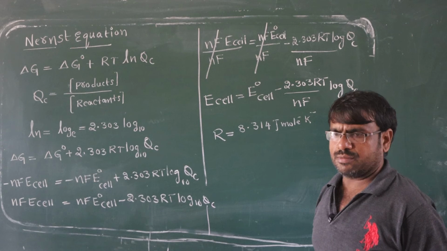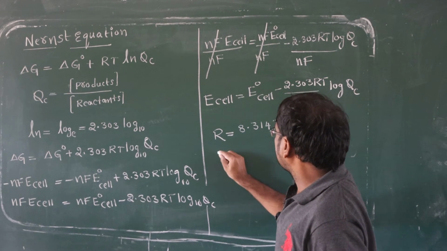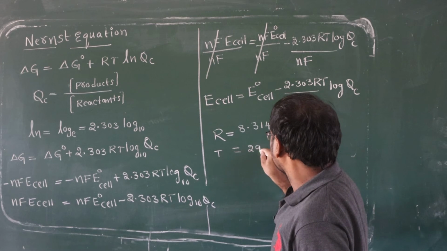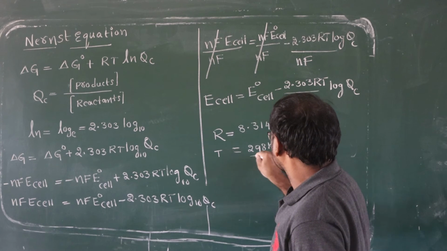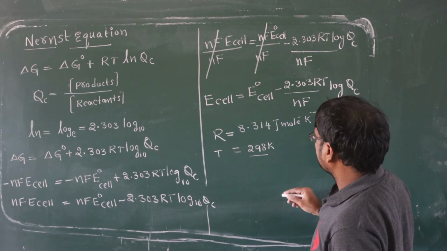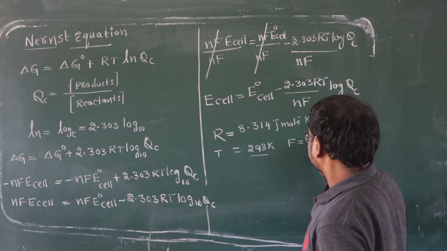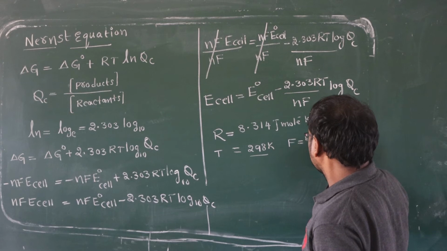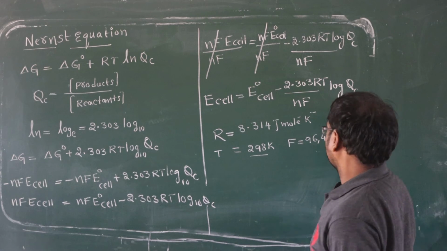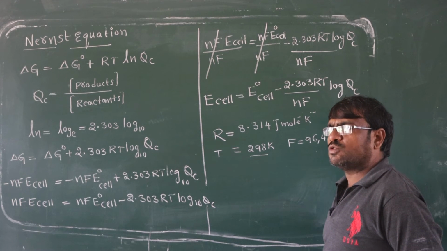That is R. It is constant. T is the temperature. How much temperature are we maintaining? 25 degrees Celsius, 298 Kelvin. Next, F is equal to Faraday, 96,487 coulombs. So 1 Faraday is equal to how many coulombs?